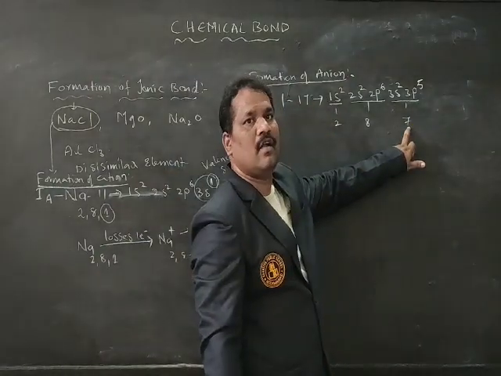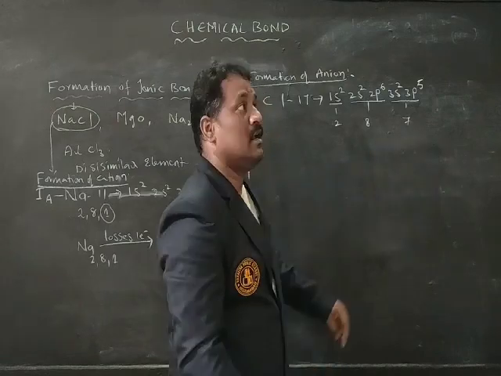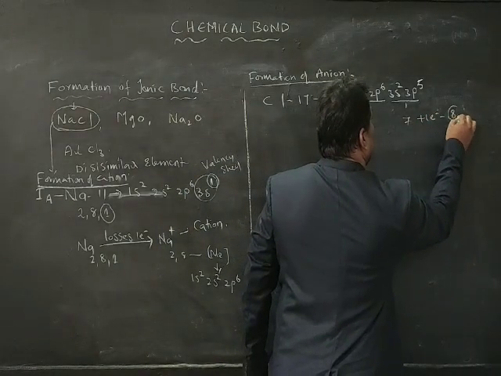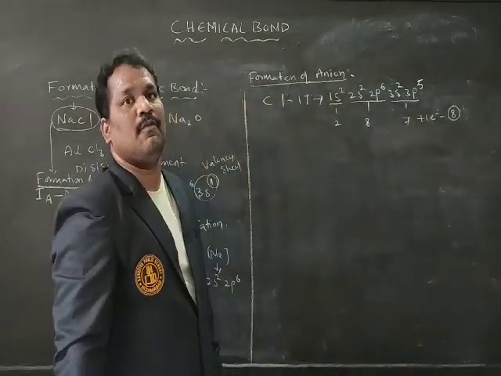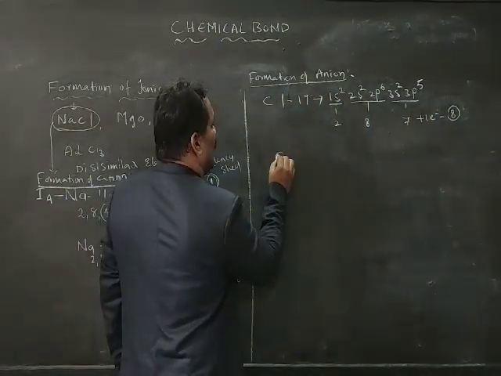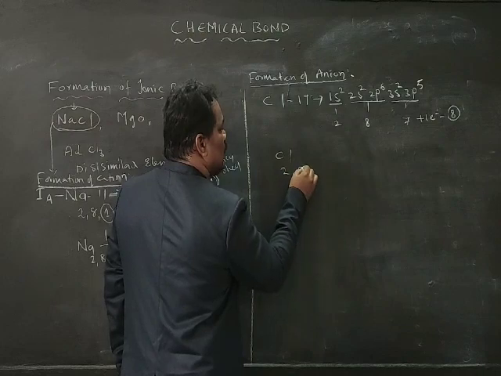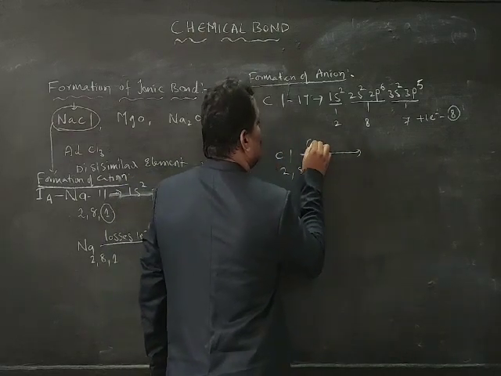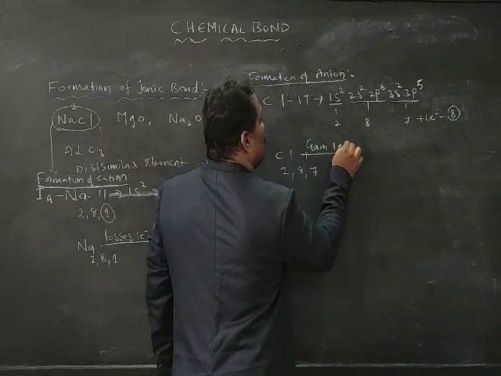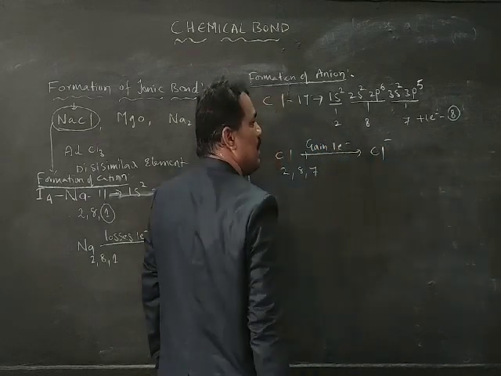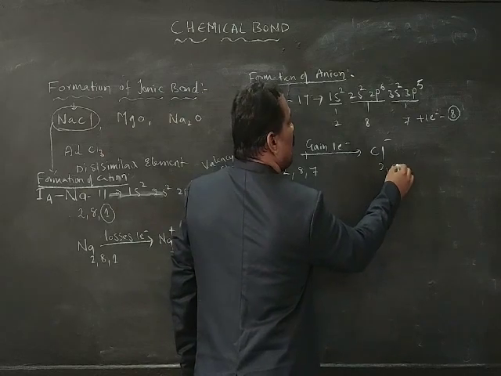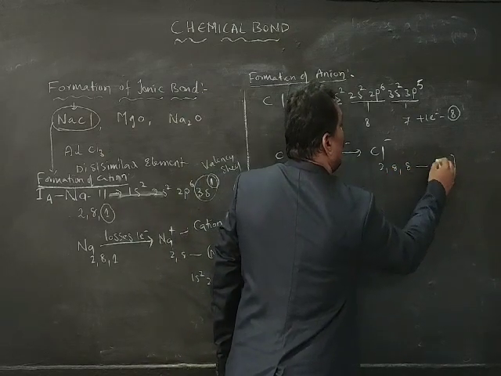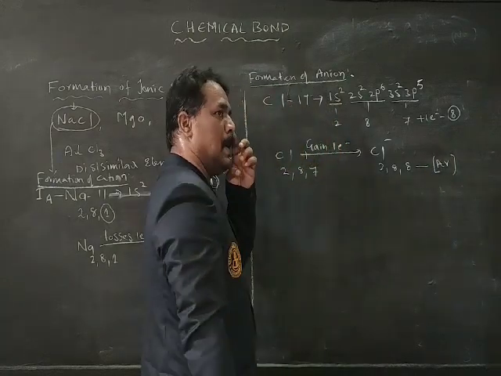Therefore, 1 electron is less here, so it requires an electron to attain 8 electrons in the valency shell. So in this chlorine atom, valency 2, 8, 7 gains 1 electron and forms a chlorine minus ion of 2, 8, 8, equal to the argon electronic configuration.